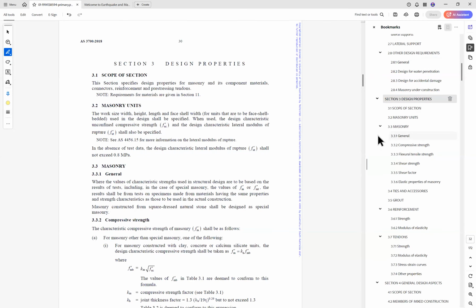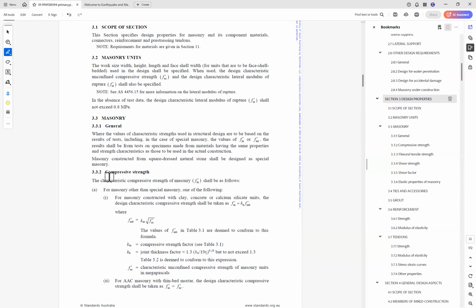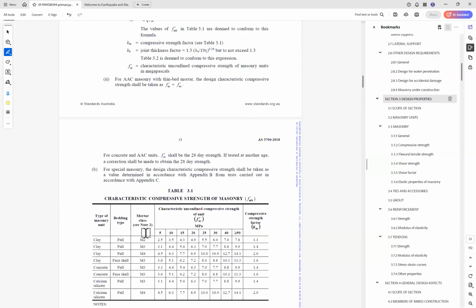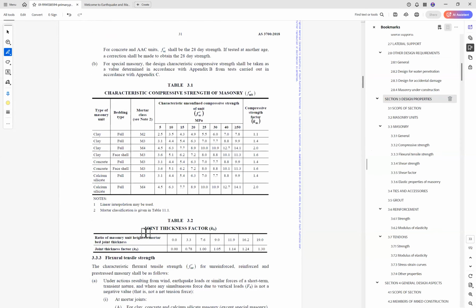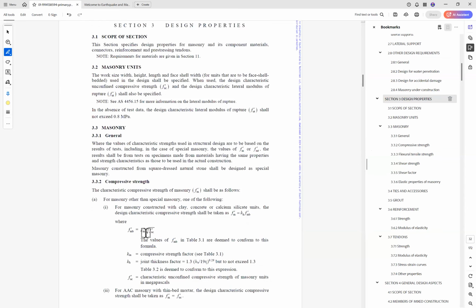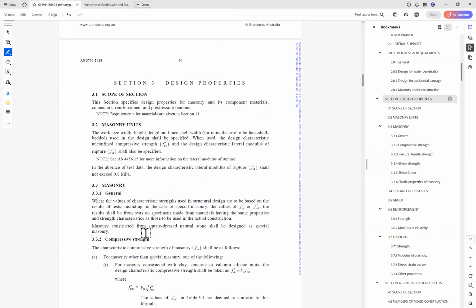Okay, that's good, thank you. These are the design characteristics like compressive strength and so on. Let's look at clause 3.2. In absence of test data, the design characteristic can be taken as 0.8.